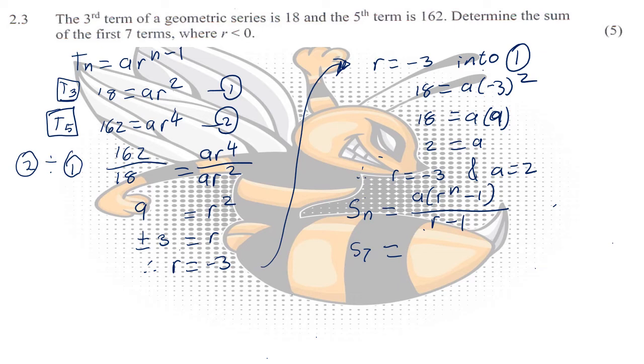So a is going to be 2, r is going to be minus 3, and n is going to be 7, minus 1, over minus 3 minus 1, and we take our calculators. And we find that this will be equal to 1094.